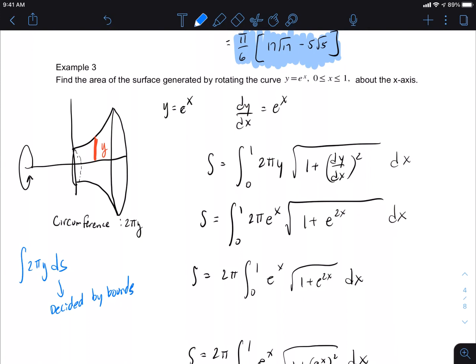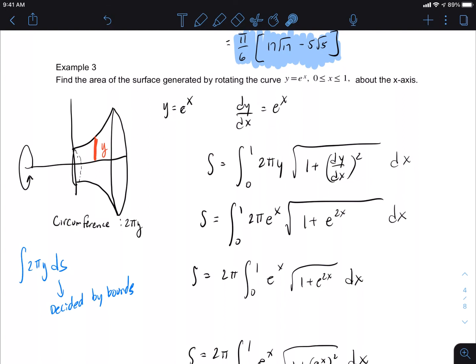Since our bounds here are x's, we have to be in terms of dx. Yes? Yes, correct. Okay, so then from there, my integral is going to go from 0 to 1, 2 pi y, the arc length formula that we have, dx. This is the equivalent of ds. Yes?